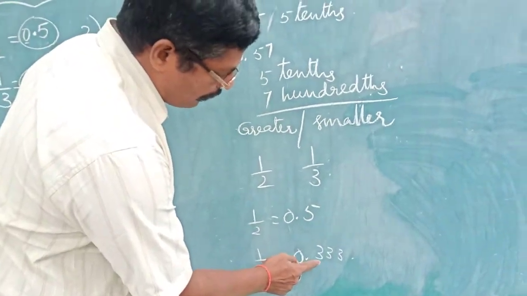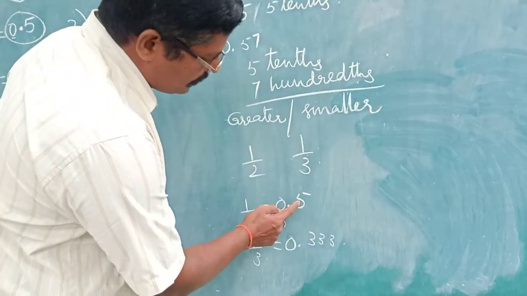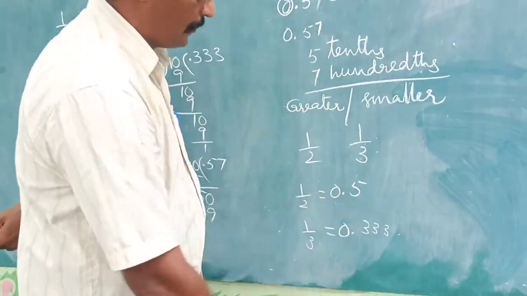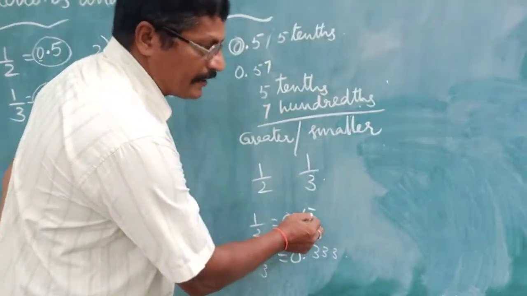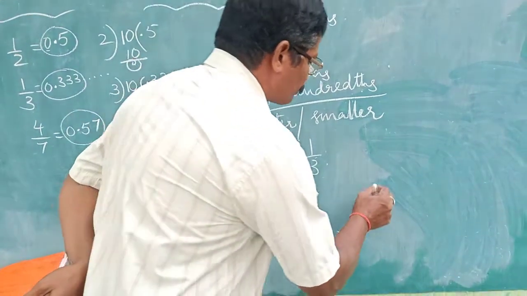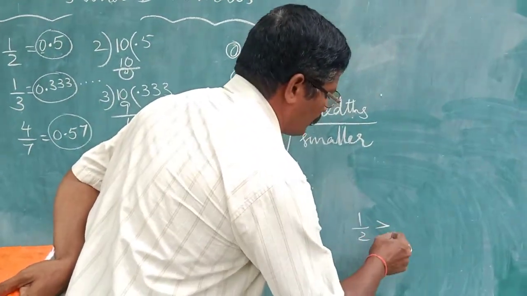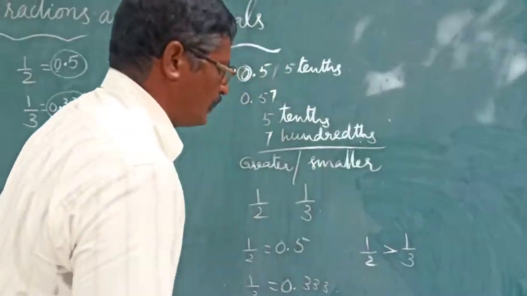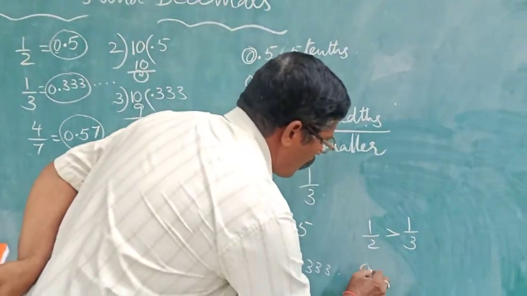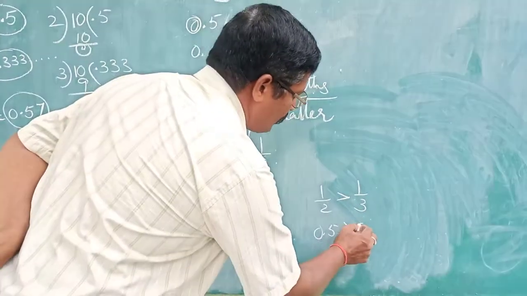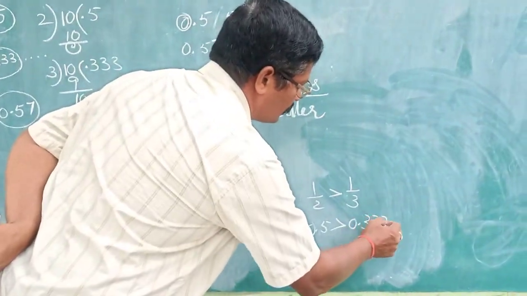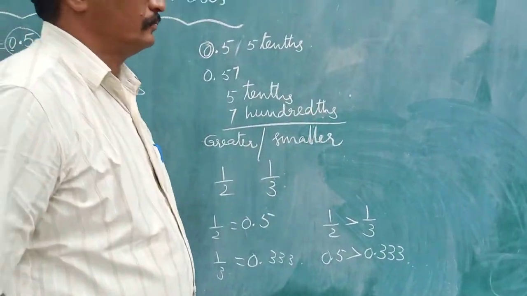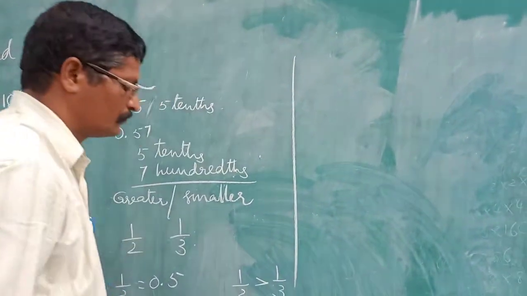In this, what is here? 3. Of these tenths, which is greater? 5 is greater. Therefore 1/2 is greater than 1/3, or 0.5 is greater than 0.333 and so on.